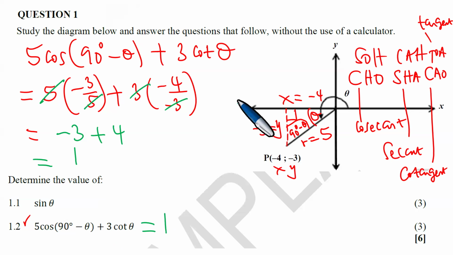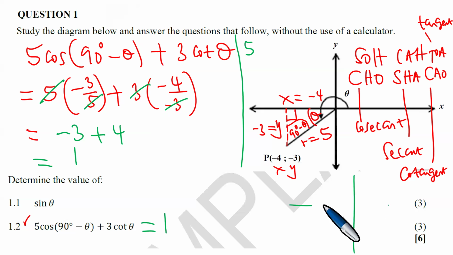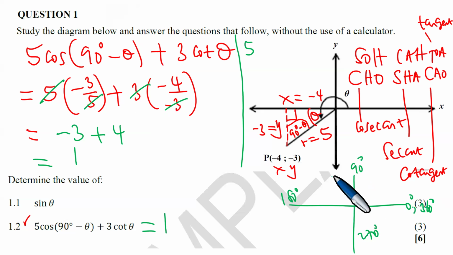But there are other ways to do this question, because we don't want to think in just one direction. We want to show that we are smart. So for 90 degrees minus theta, in which quadrant is that? We use 0 degrees, 90, 180, 270, 360 degrees.